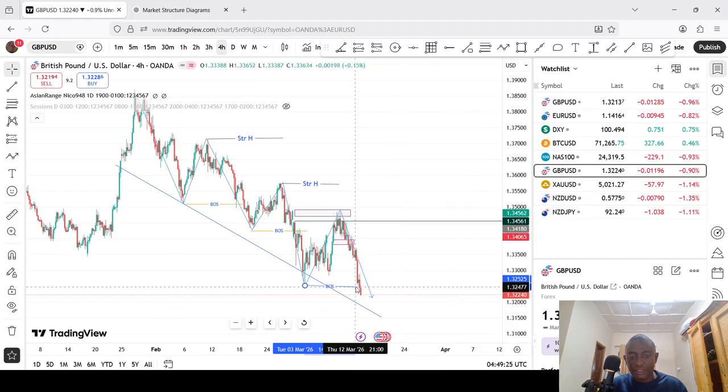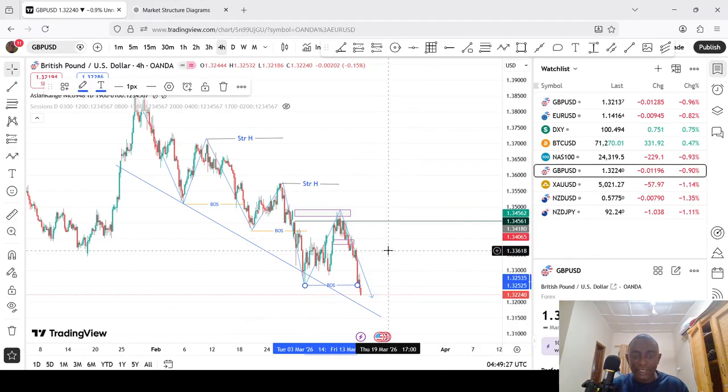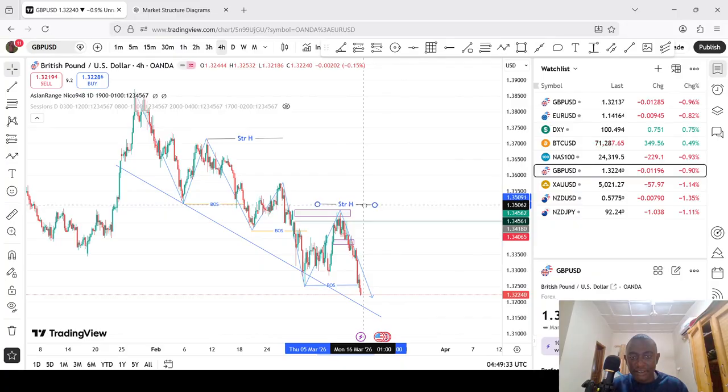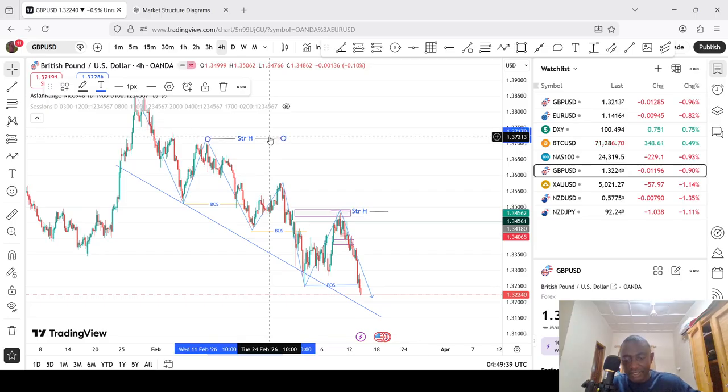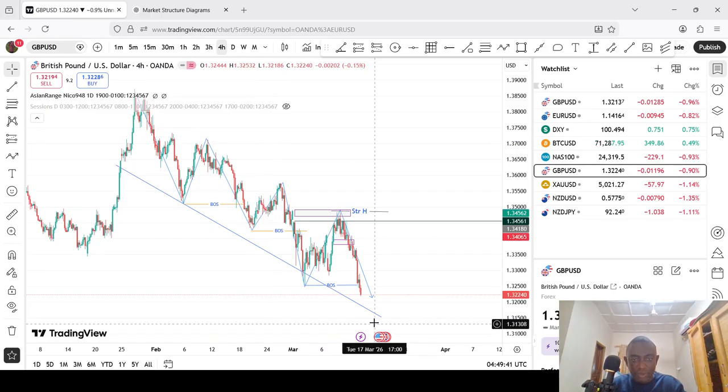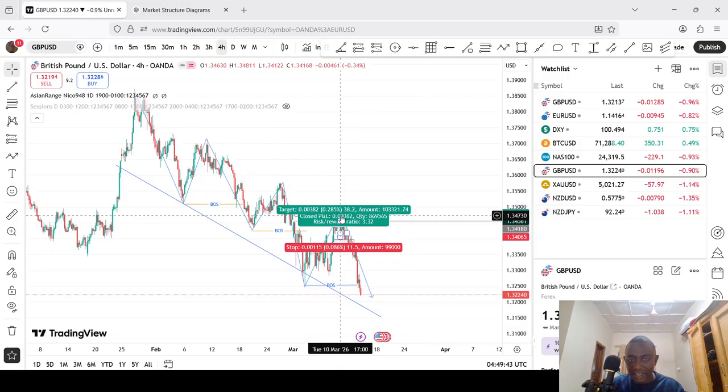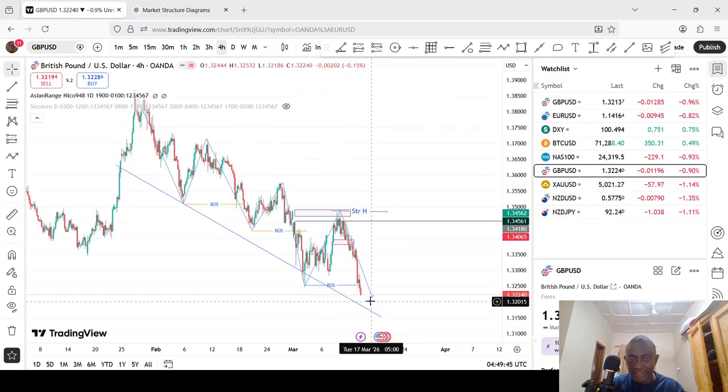So this is it. And this trend will be like this. So our new strong high is here. Once price is behaving this way, this is no more important, because the focus is the last one.